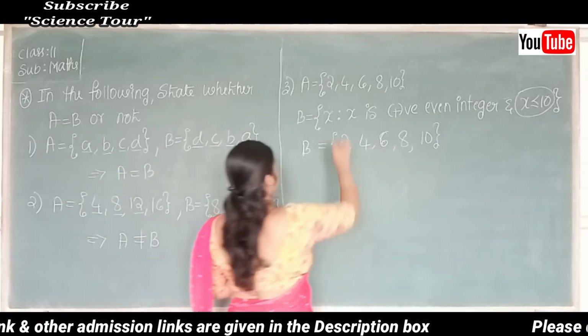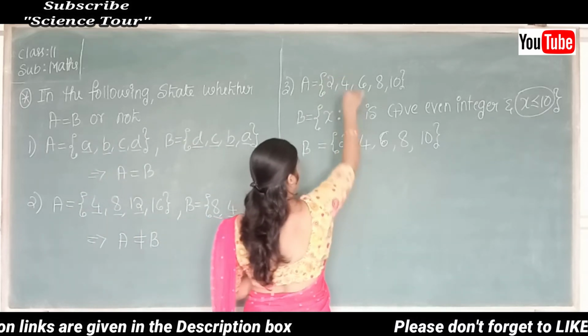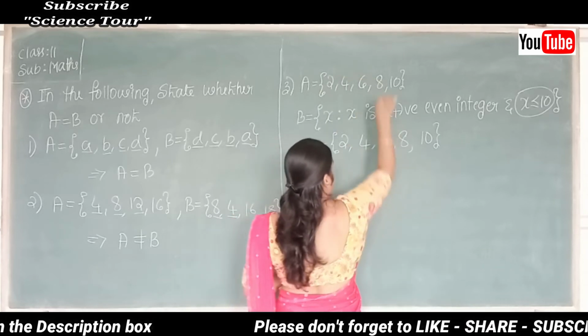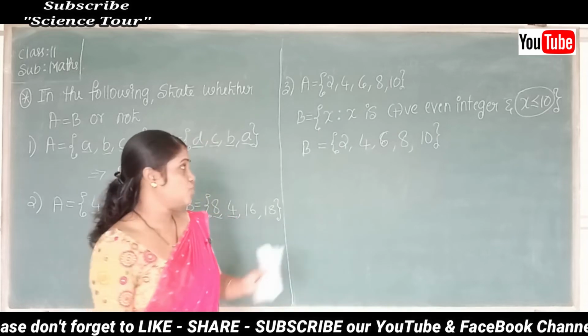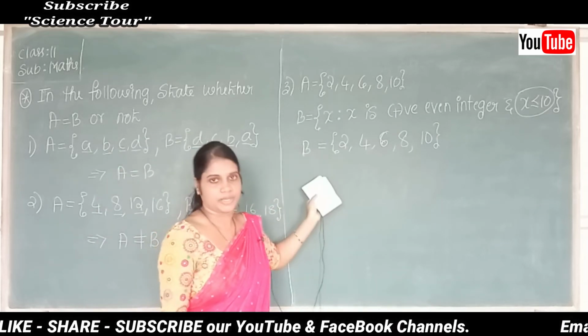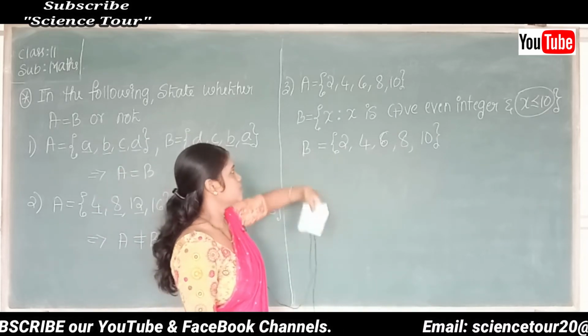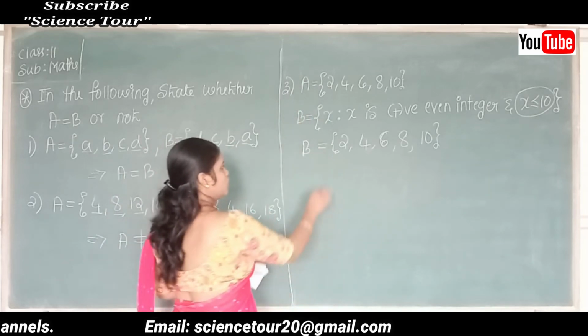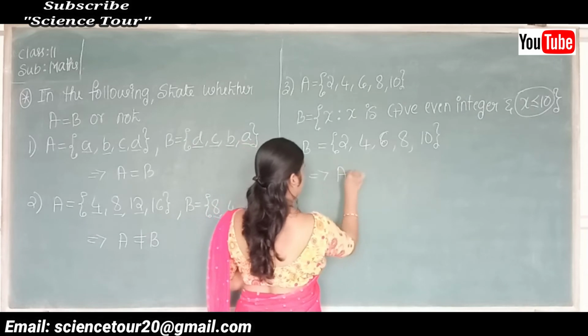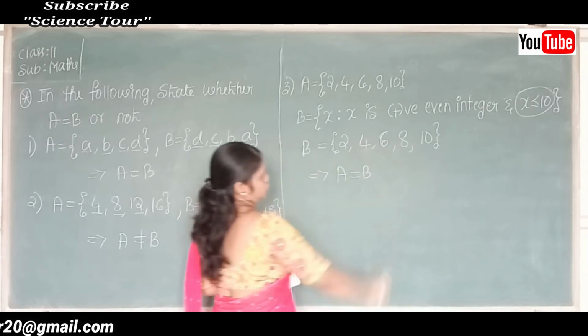So it's one and only same. See, 2, 2, 4, 4, 6, 6, 8, 8, 10, 10. Right? All the elements of the set A are included in set B. Again, all the elements of the set B are included in set A, isn't it? So therefore, we can say set A equal to set B.